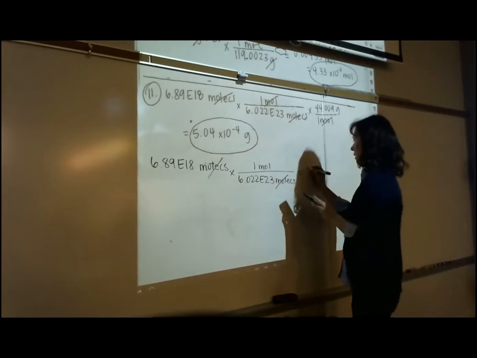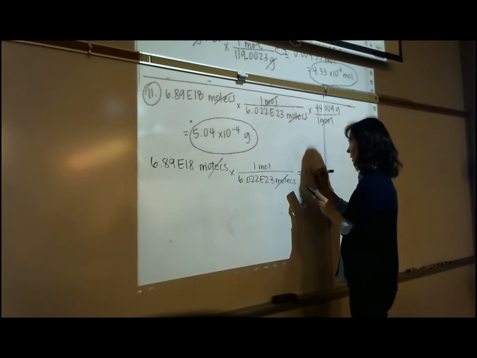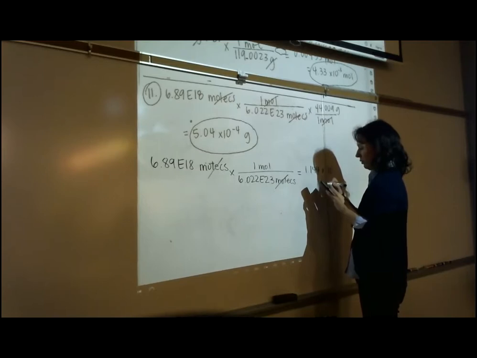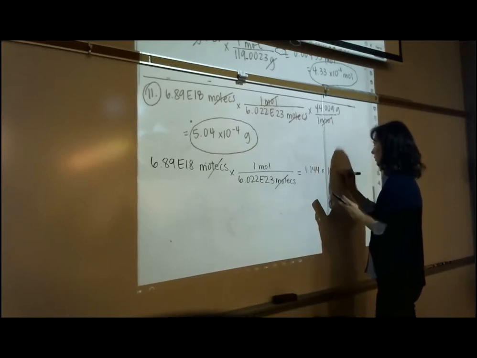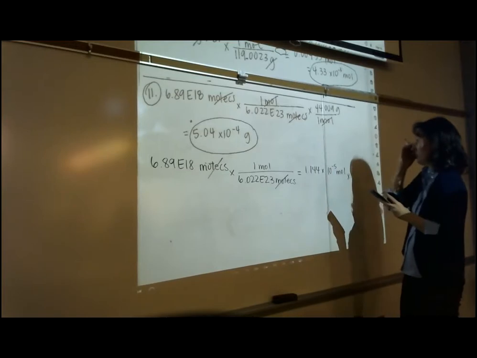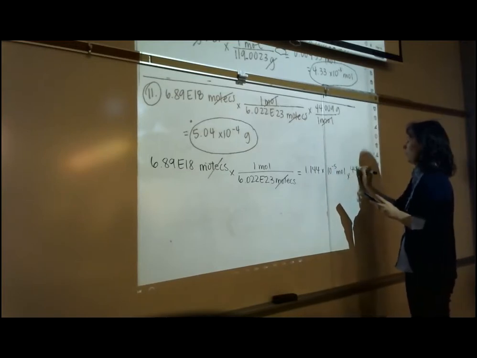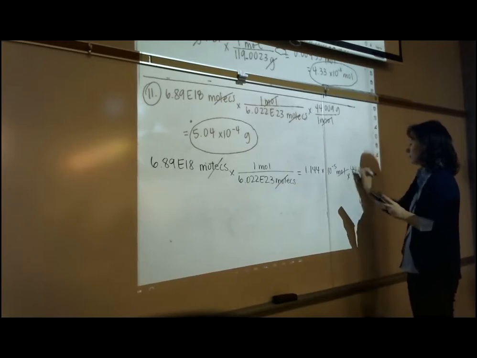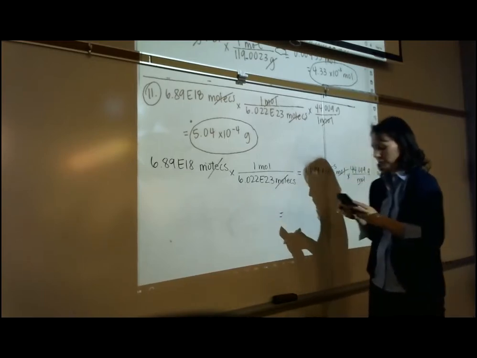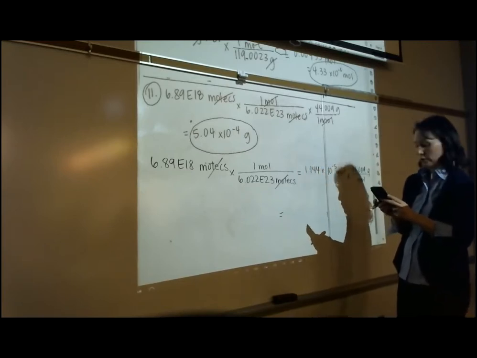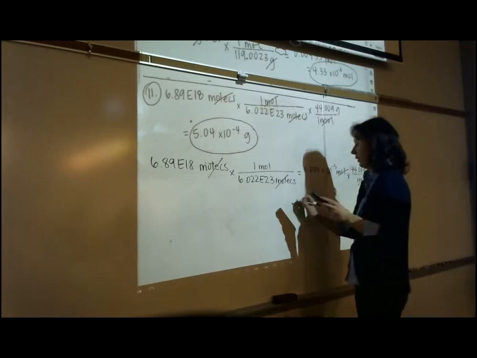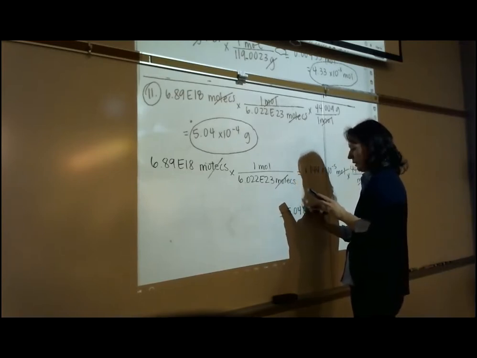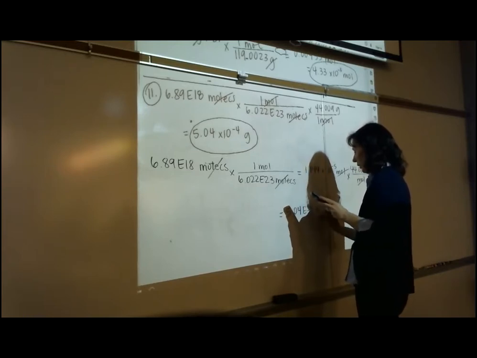That gives us 1.144 times 10 to the negative 5 moles. Now we just do our second conversion times 44.009 grams per mole. We get 5.04 times 10 to the negative 4th grams.